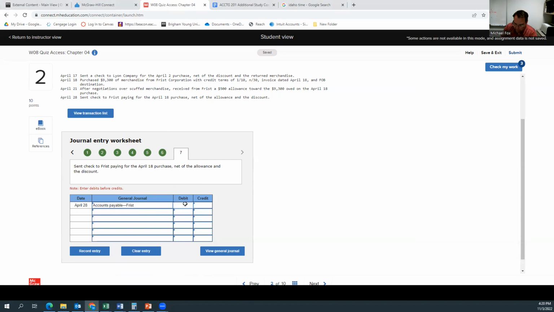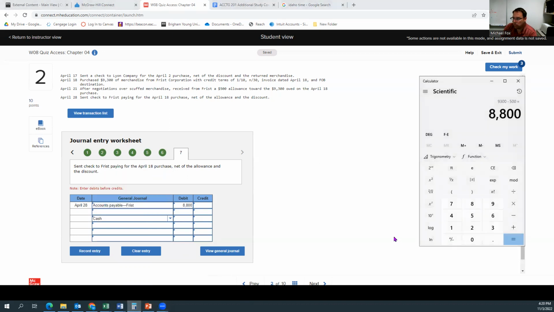So we want to debit all 8,800, so that there will be no more accounts payable to Frist. We're paying it off. And we know we're going to pay cash of some amount less than that because we got a 1% discount. So if we want, we can say 8,800 times 0.01.